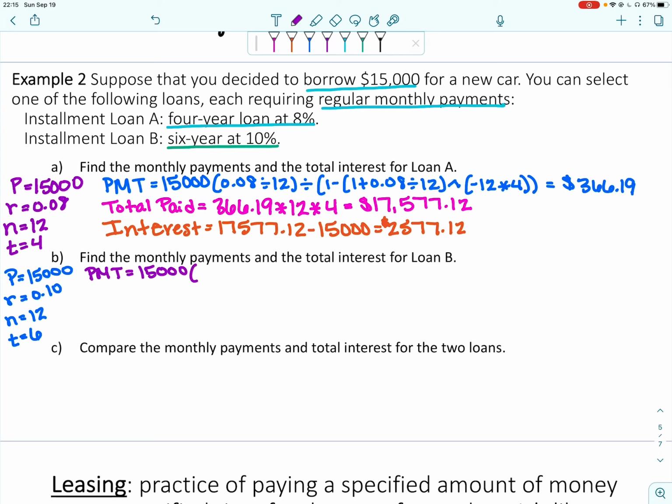So just writing all of this out again with the new numbers. The monthly payment here is $277.89.